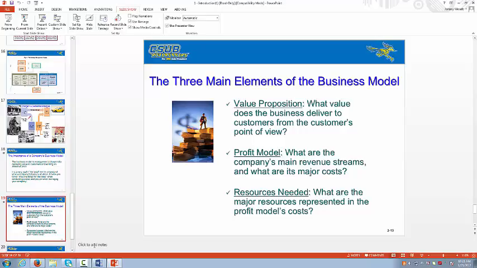So knowing in your mind that, for your business, this is the value proposition, this is the profit model, revenues, variable costs, fixed costs, and then these are the resources we need to be able to deliver this. So if we look at the value proposition, diploma, knowledge, skills, and a job.